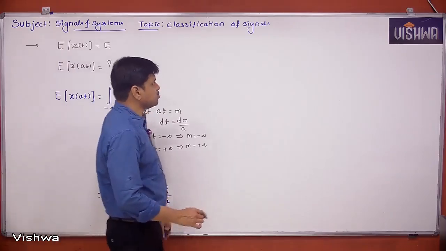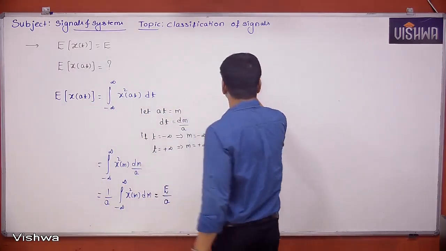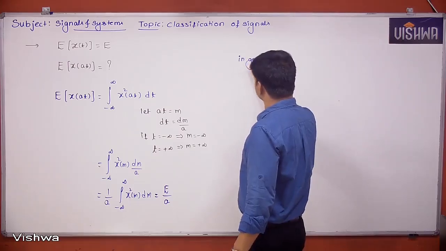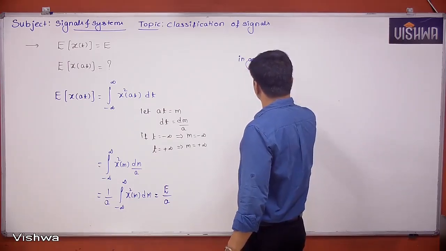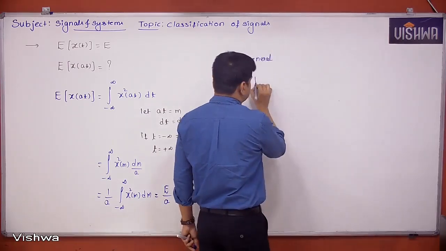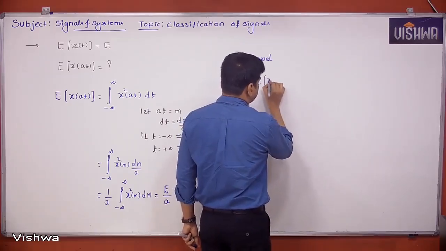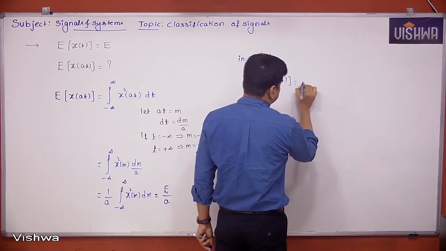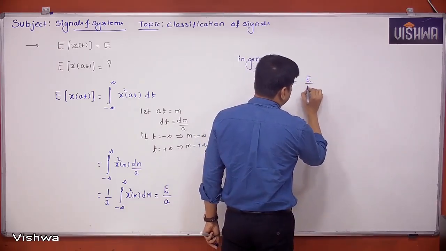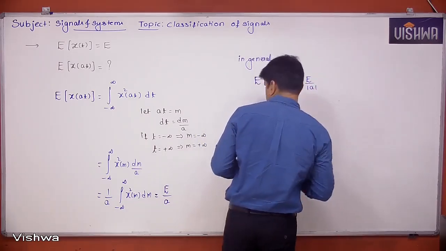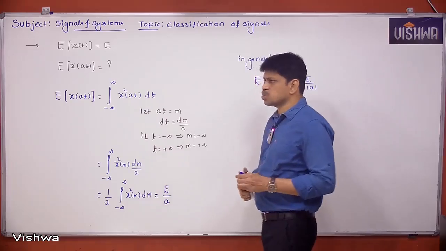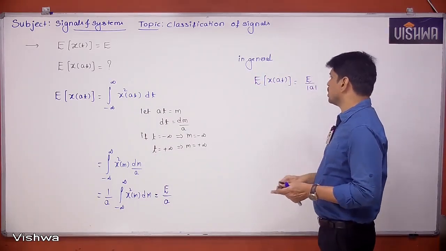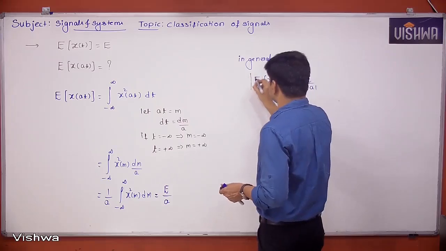In general, you can remember, the energy of x of at is nothing but E by mod a. So even if a is positive or negative, it doesn't matter. We will always take E by mod a as the energy. Okay, take it.